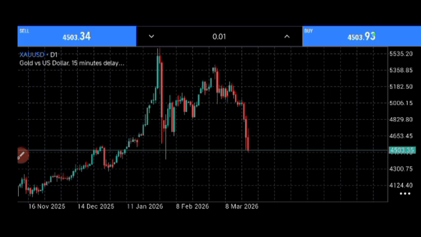This is a daily 24 hours time chart, and I want to show you that every day the candle ranges and moves towards any direction.